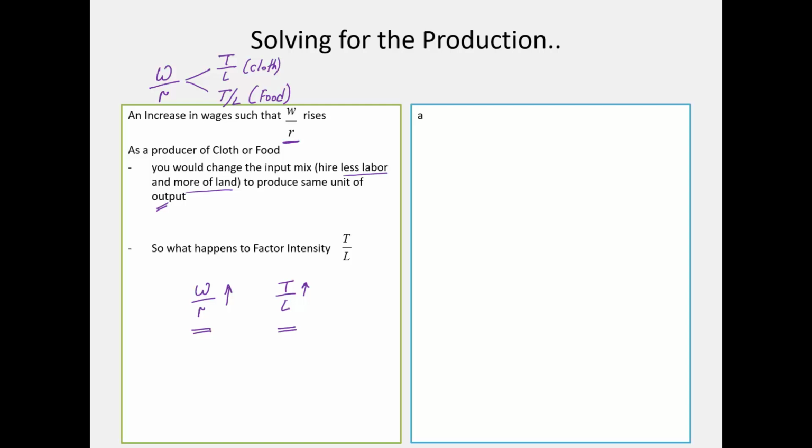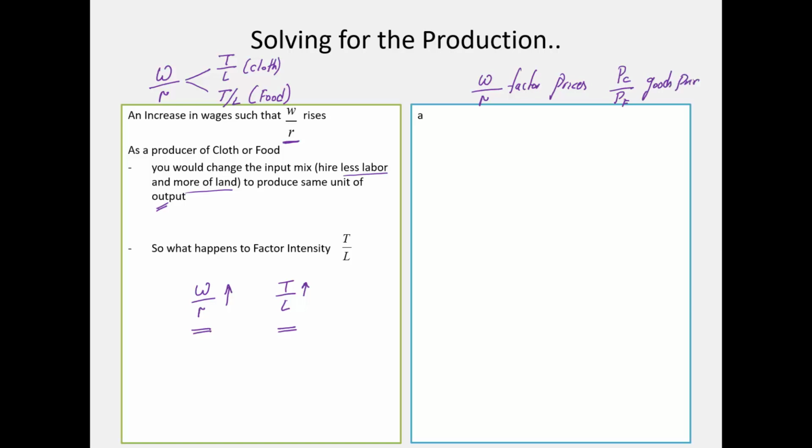The other relationship that we are going to derive is the relation between wage by rental ratio, so these are factor prices, and goods prices, relative price of cloth.